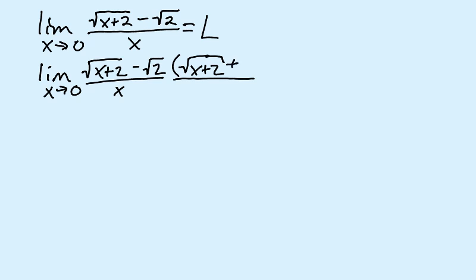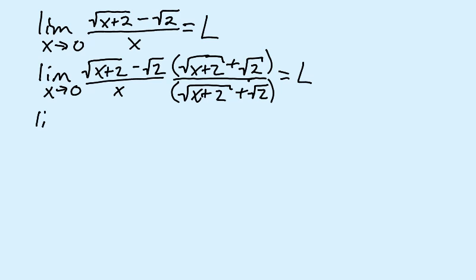So I have the square root of x plus 2, plus the square root of 2. And I'm going to multiply this on the top and bottom as a new factor. Now what this should do, if it works right, is it will allow the x plus 2 square root to become x plus 2 minus 2.